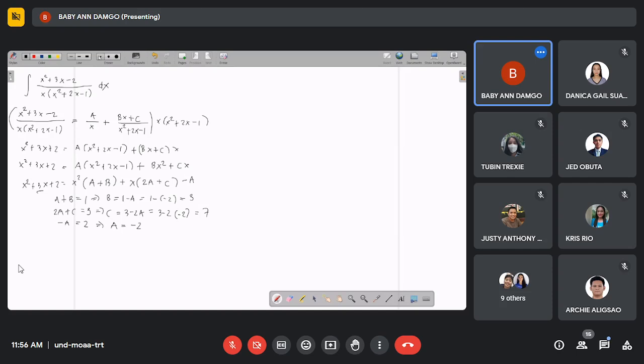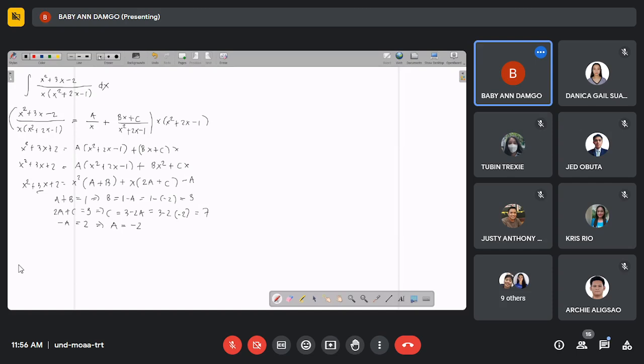So our A here is 2, and then B here we have a positive. Okay, so 1 minus 2, this is negative 1 for the value of B. And then our C here, this is 3 minus 4, we also have a negative 1.